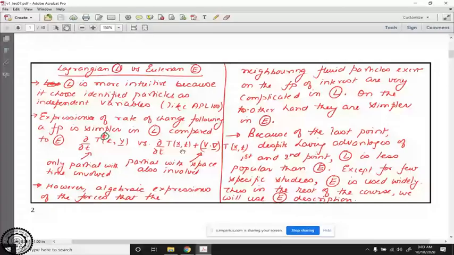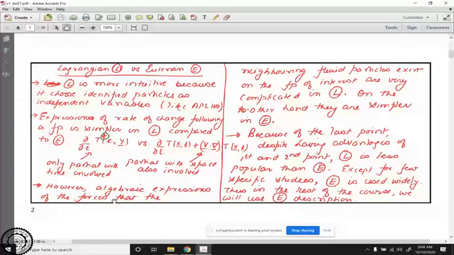So based on that, it looks like we should use Lagrangian and it should be more popular, but that is not the truth. Eulerian is more popular. The reason is that, despite these two advantages that I mentioned, once you try to get an expression for the net force acting on a particle, the net force will come from two agencies: one will be a pressure force and the other will be a viscous force. We will see this in more detail in the coming weeks.